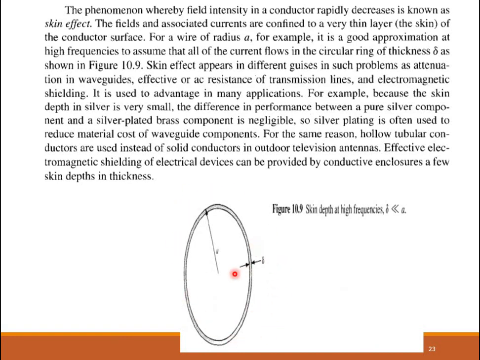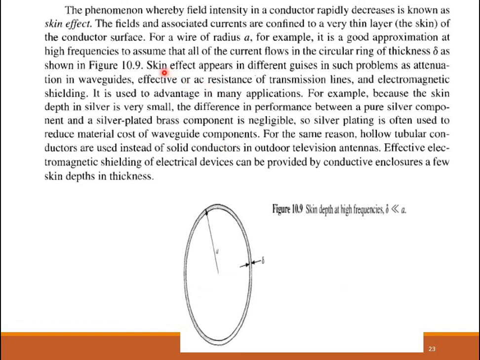Okay, for example, if you have a wire of radius A at higher frequencies, it is possible to assume that your current is going to flow only through a small ring of thickness rho. See, this fact is already known to us. For a very good conductor, the current is going to flow only along the surface, or the current is more concentrated along the surface.